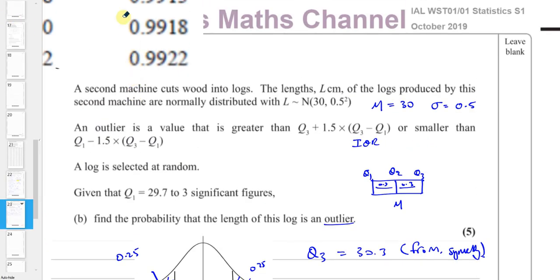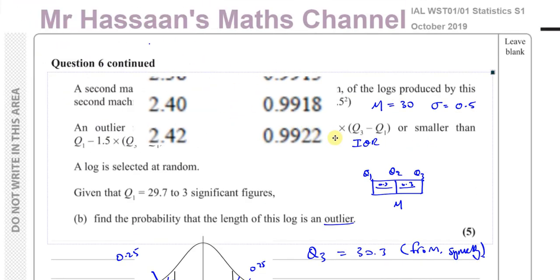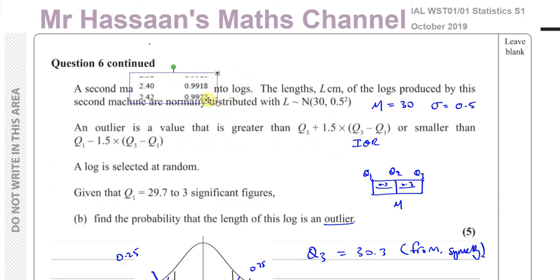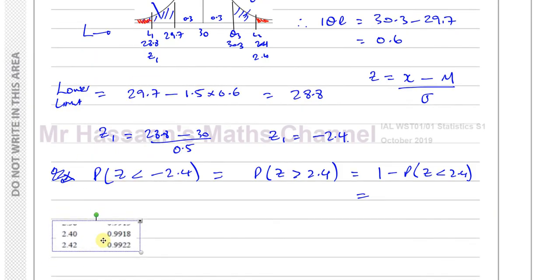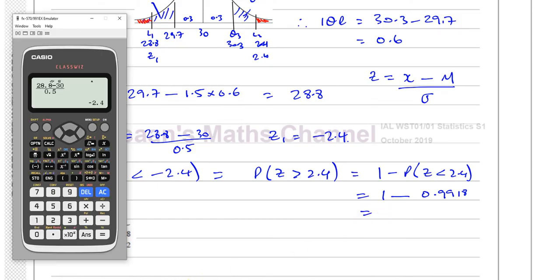So that's Z, and that is the probability of what's to the left of it. So what we have here is basically the area all the way from here to the left of it. So we're going to have 1 minus this value, which is 0.9918. So we have 1 minus 0.9918, which gives you 41 over 5,000, which is 8.2 times 10 to the power of minus 3.